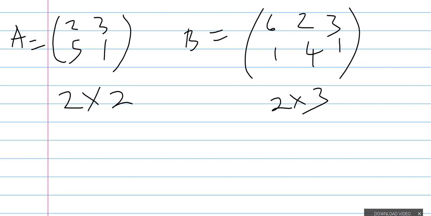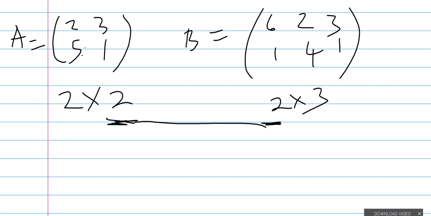Now, if you want to multiply these two matrices, it's possible for you to multiply them, but it's not possible for you to add them. If the last number here, which is the column, is the same as the first here, which is the row, it means the two matrices can be multiplied.